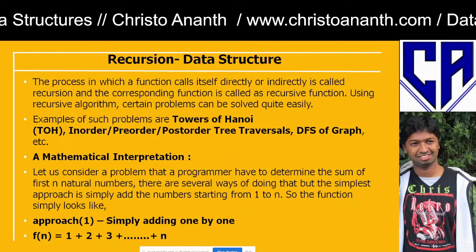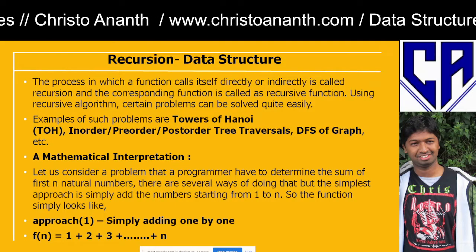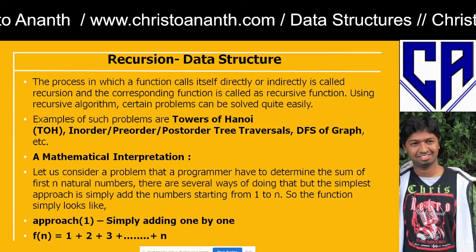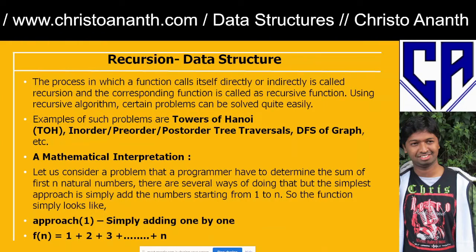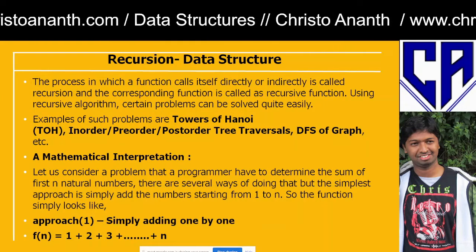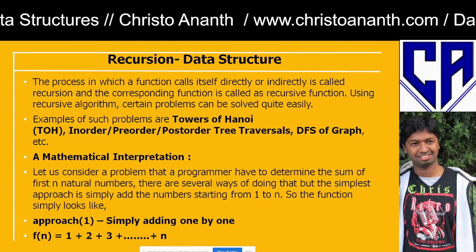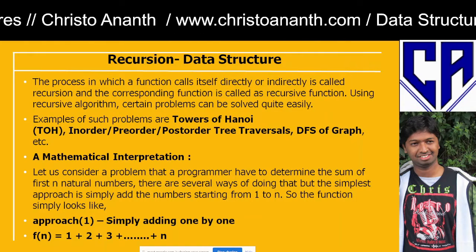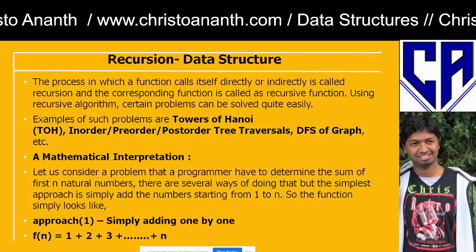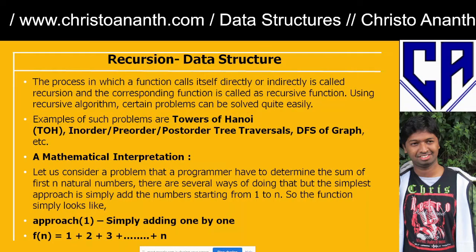We have a programmer who is going to determine the sum of the first n natural numbers. In order to find the sum of the first n natural numbers, we can use a simple approach. You can start from numbers 1 to n and add them.